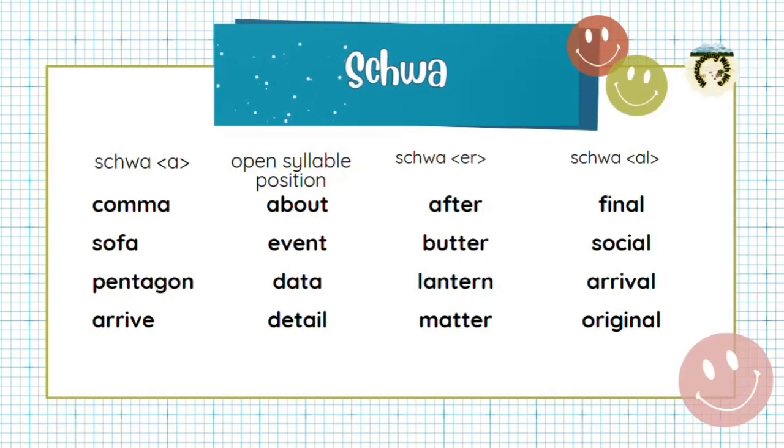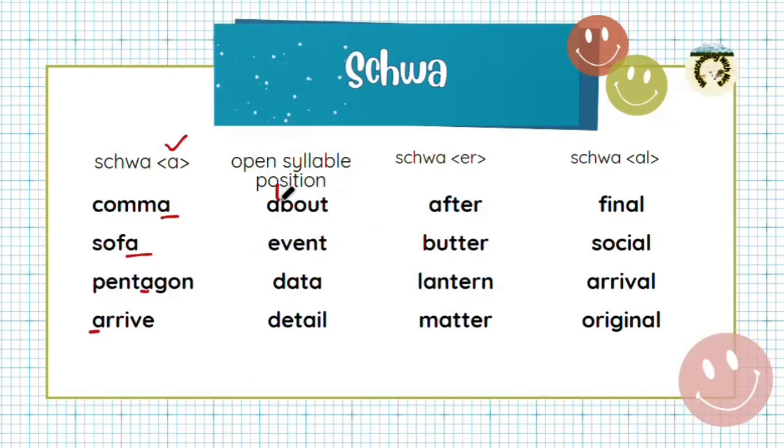Here are some examples in which these words have schwa. Here the vowel A is saying the schwa sound. Comma, sofa, pentagon in British and pentagon in American, but this A is schwa here. Arrive, this is schwa.